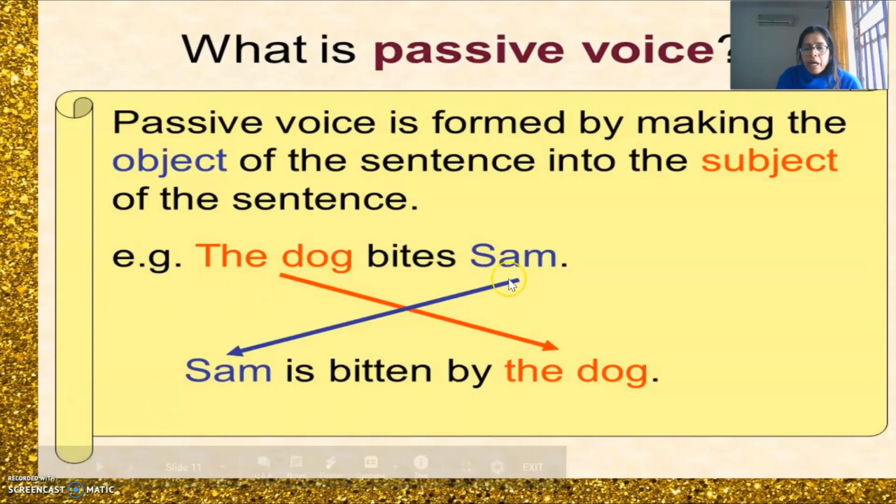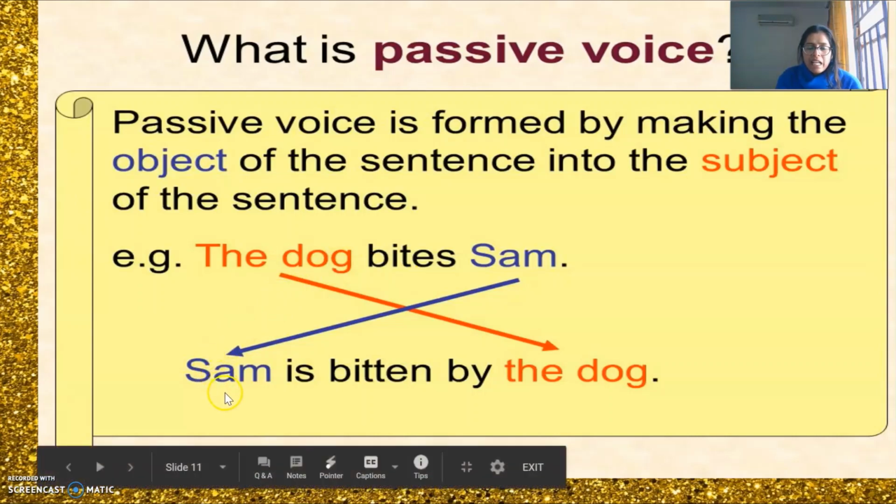The dog bites Sam. Here dog is the subject and Sam is the object, and the base form of verb or verb 1 here is bites. Basically it is verb 1, and its passive form is Sam is bitten by the dog.